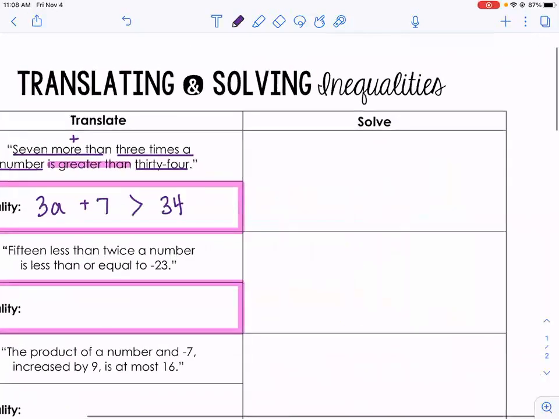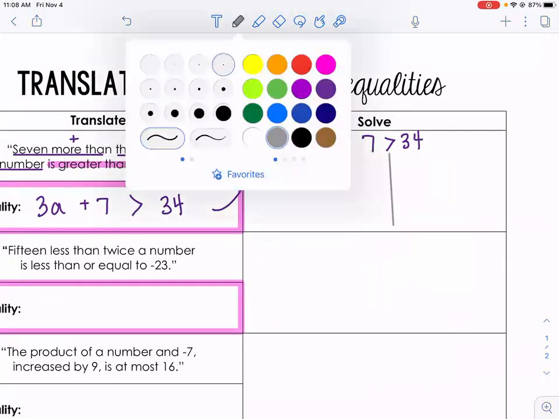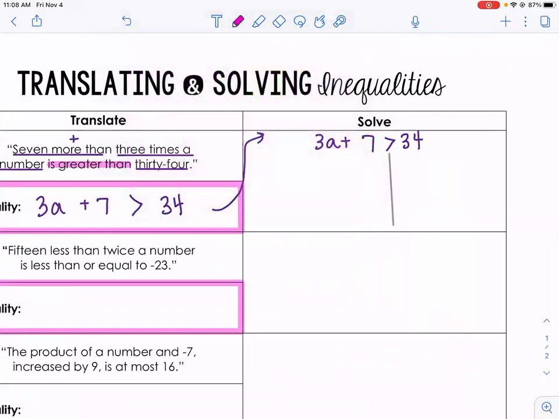Okay, so now let's actually solve it. I'm going to write that over here. And just like yesterday, we're actually going to solve. Brady, what's our first move here in this solving? Minus 7. Okay, both sides we're going to minus 7.